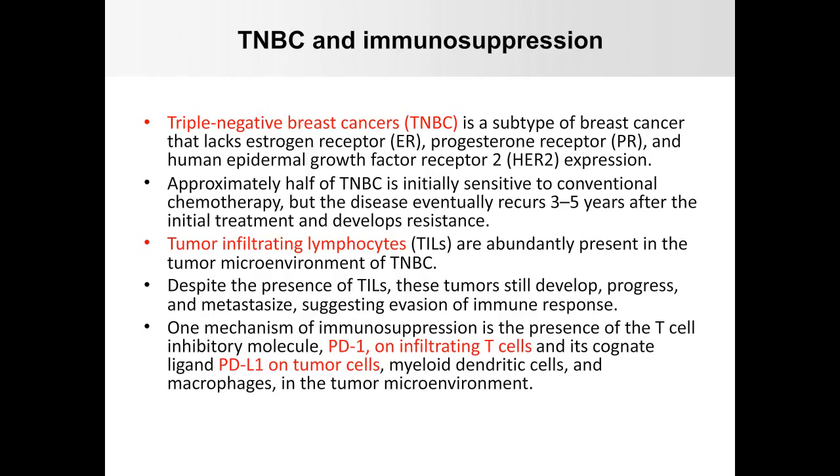But somehow this triple negative breast cancer has a mechanism to silence, to inactivate these lymphocytes inside the tumor area. So this also gives us a hint that in triple negative breast cancer, using immunotherapy to reactivate the tumor-site lymphocyte activity will be a new therapeutic strategy to enhance triple negative therapy.